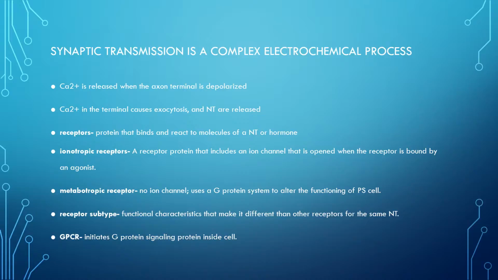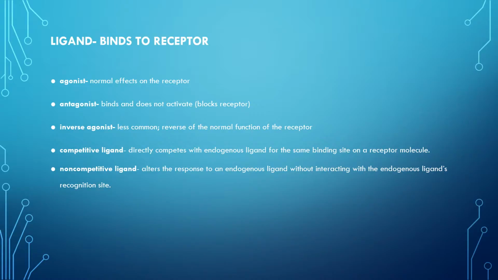Receptor subtype: functional characteristics that make it different than other receptors for the same neurotransmitter. GPCR stands for G protein-coupled receptor; a ligand is a chemical that initiates G protein signaling inside the cell. Ligand binds to the receptor.